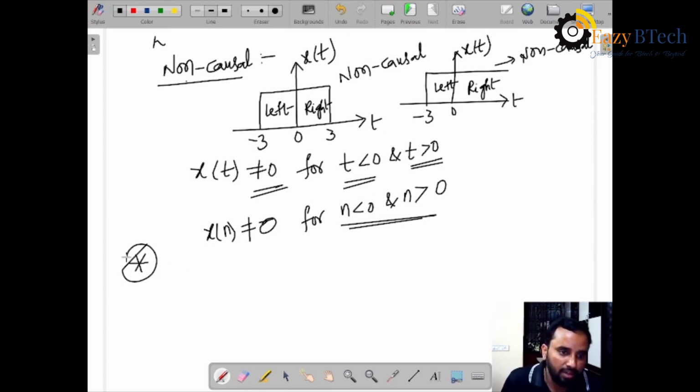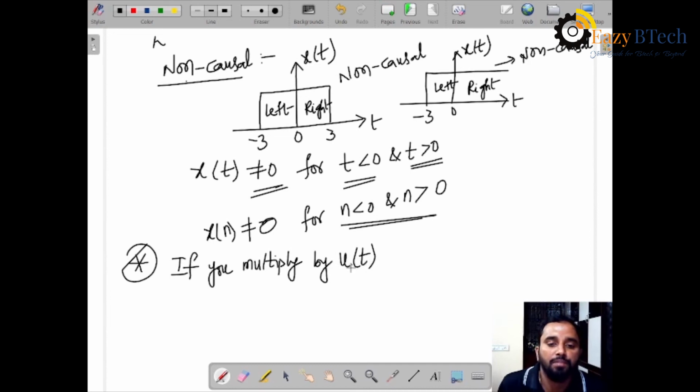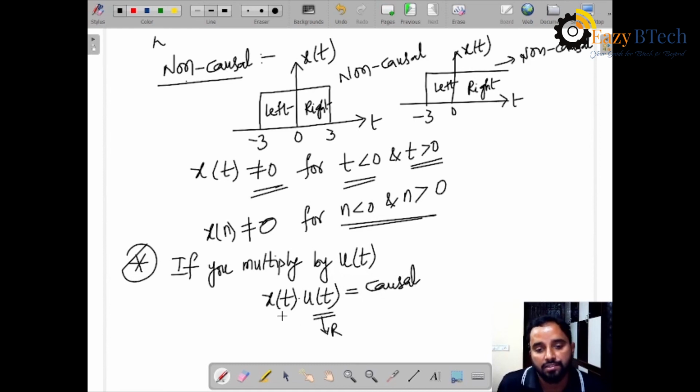Now one point I will tell you: if you multiply a signal x of t by the unit step function u of t, the result, x of t into u of t, will be a causal signal, because u of t is available only on the right side. This is the point, remember.